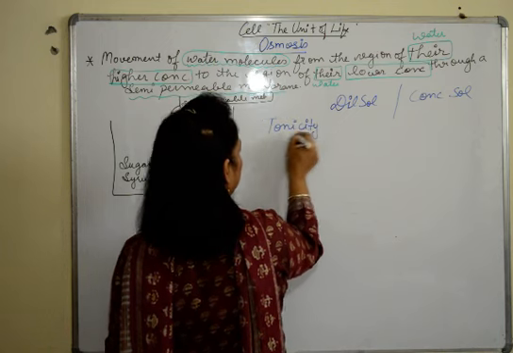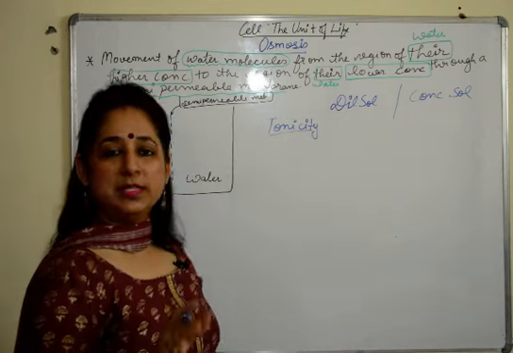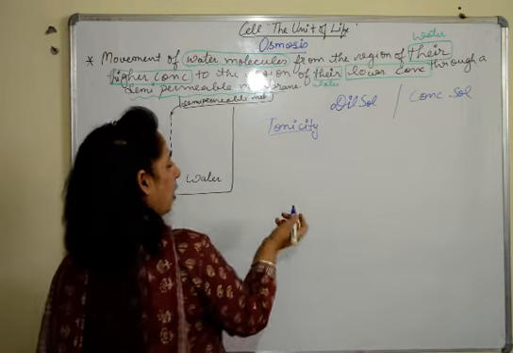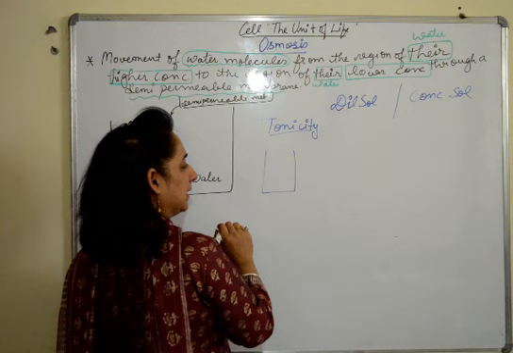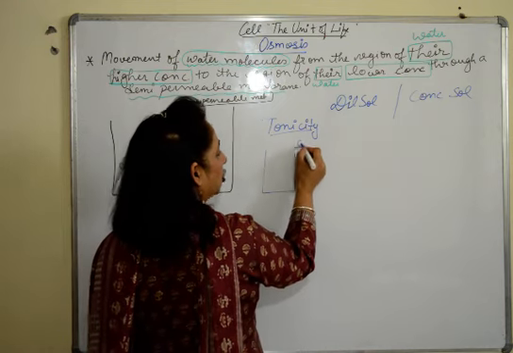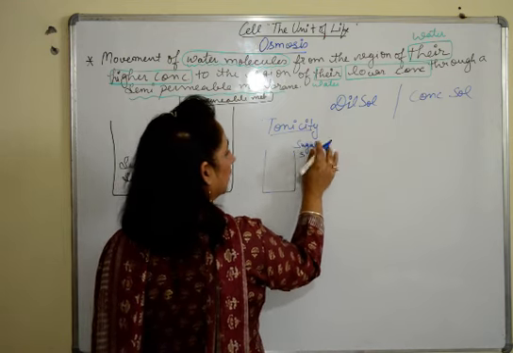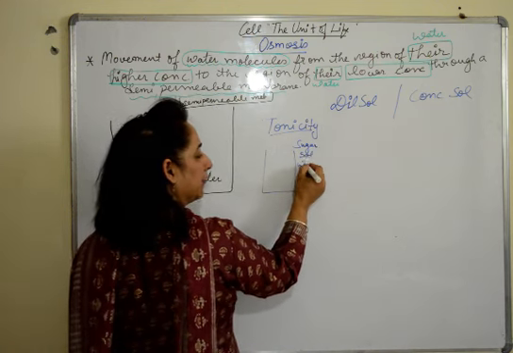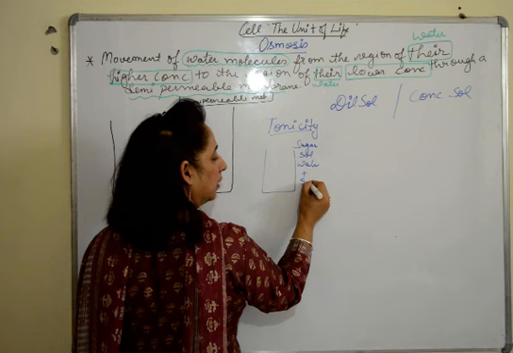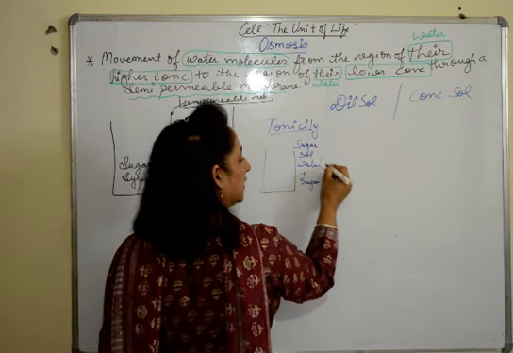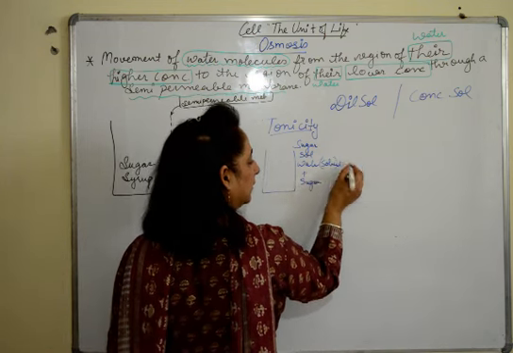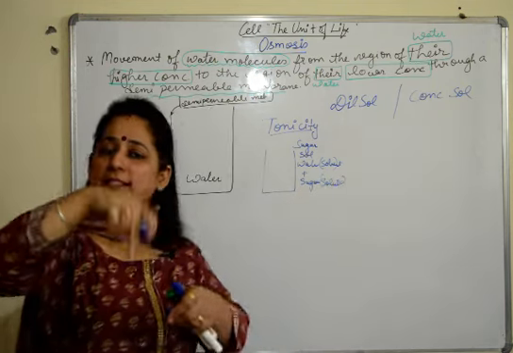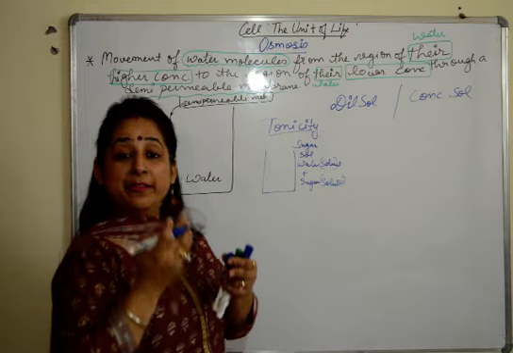Tonicity is according to the solute and solvent molecules present in any solution. First, how is a solution formed? If this is a beaker and we have maybe sugar solution here, what is sugar solution? Water plus sugar. Water is solvent. Sugar is solute. So when we mix solvent and solute, we form a solution.